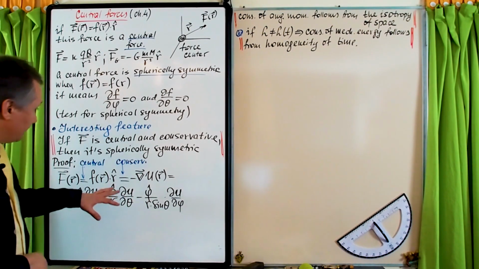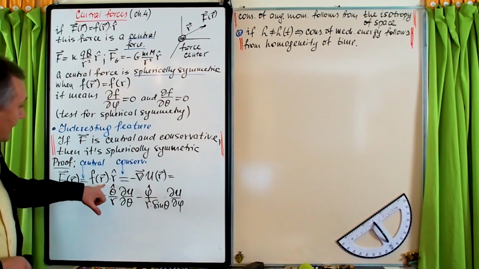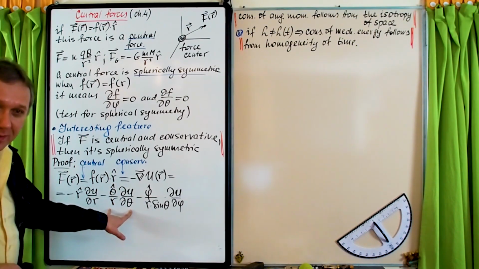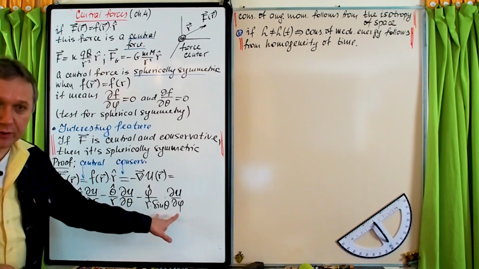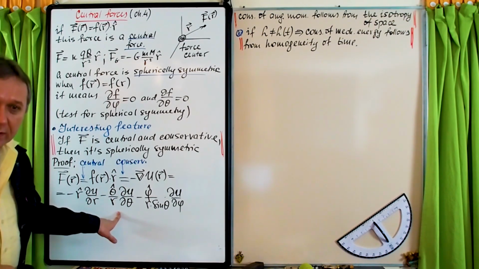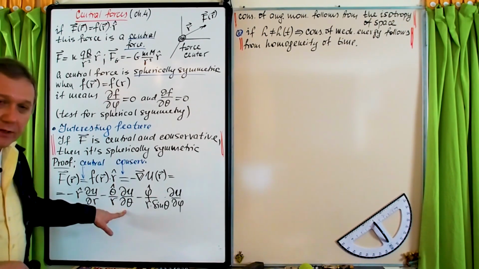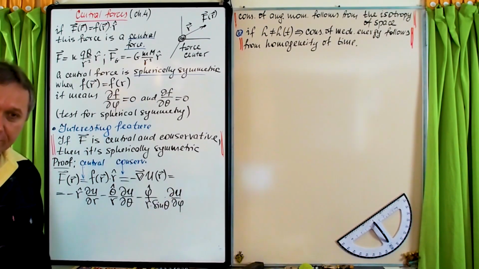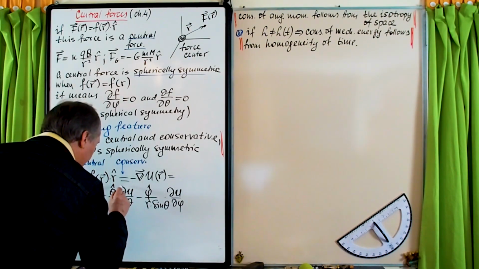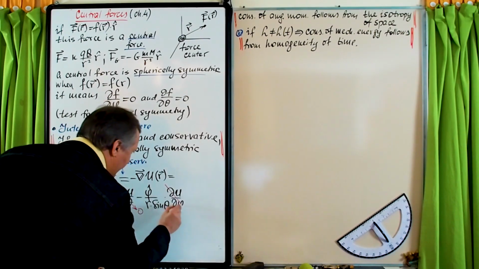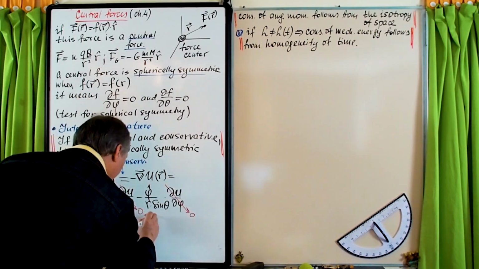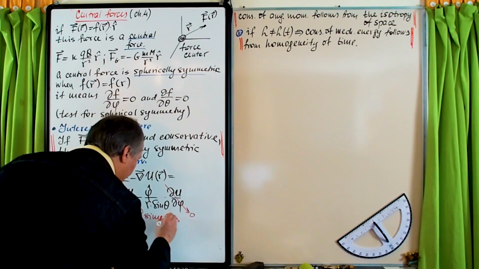Now, we know that the force is conservative, and it should have only a term in the radial direction. So this term must be equal to 0, and this term must be equal to 0, for any R, for any theta, for any phi. It can be true only when this derivative, dU over d theta, and this derivative, dU over d phi, are 0, since F is central.